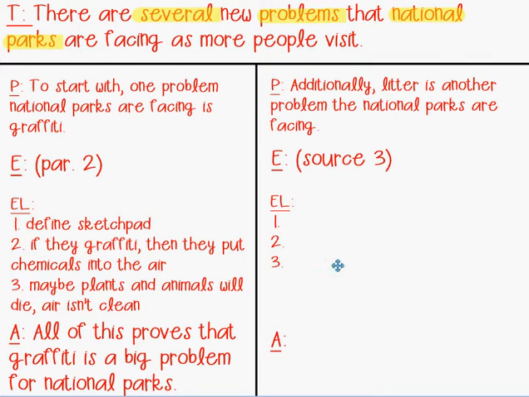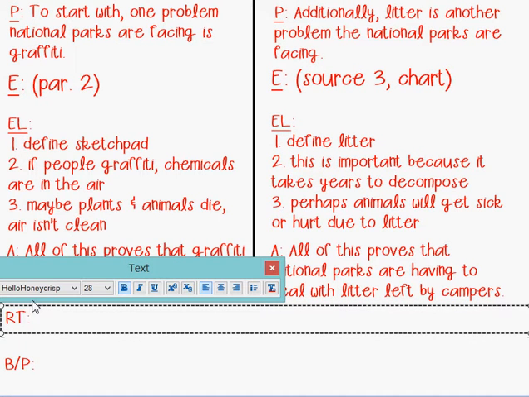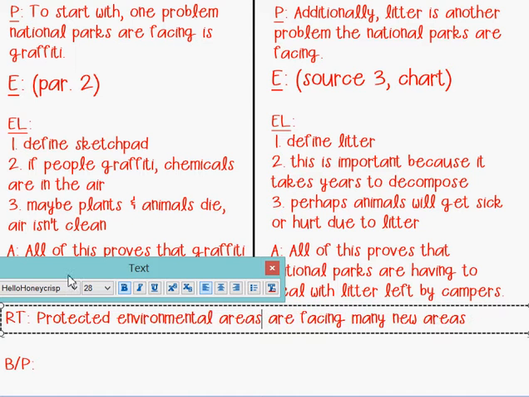So for my RT, I'm going to say national parks are facing many new areas. Oh, let me change national parks. So protected environmental areas are facing many new issues as more people visit.